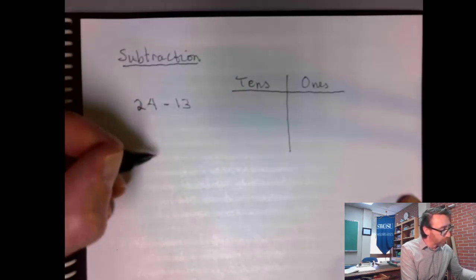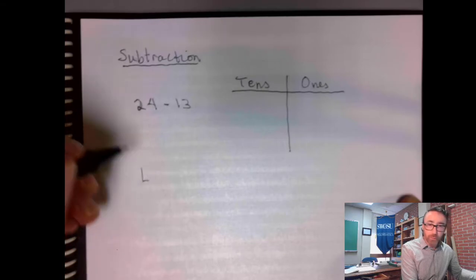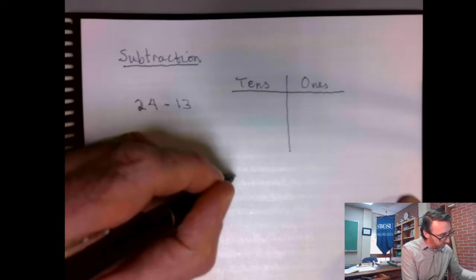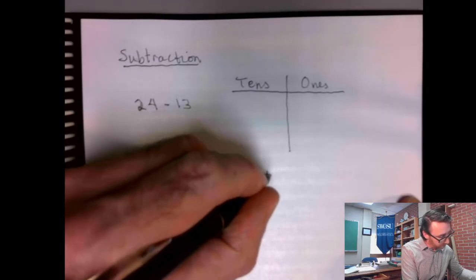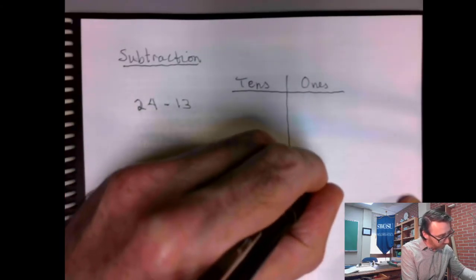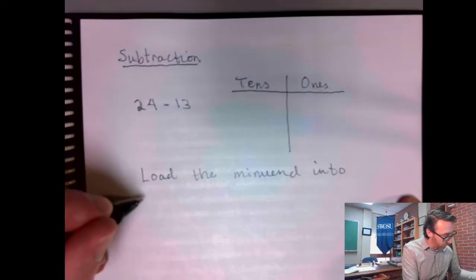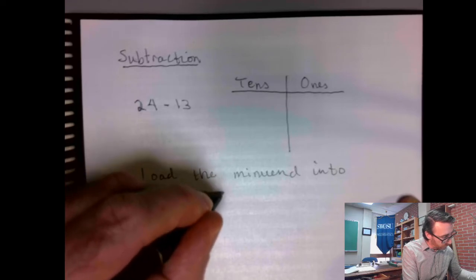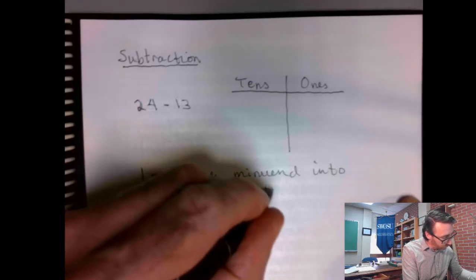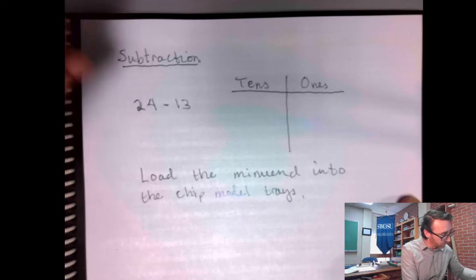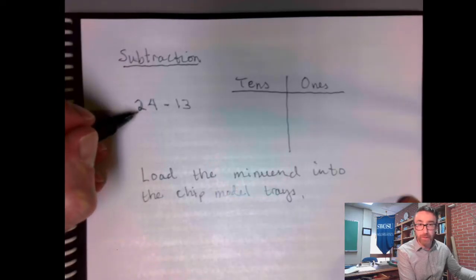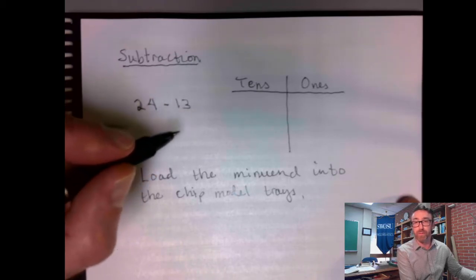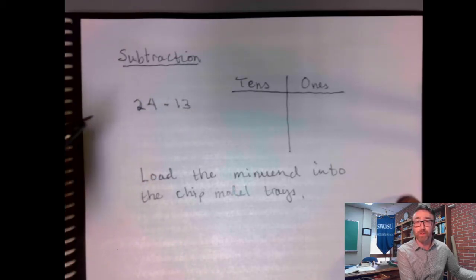What we're going to do is load the minuend into the chip model trays. Remember, the minuend is the number over here. This is called the subtrahend, and the result of the operation is called the difference.